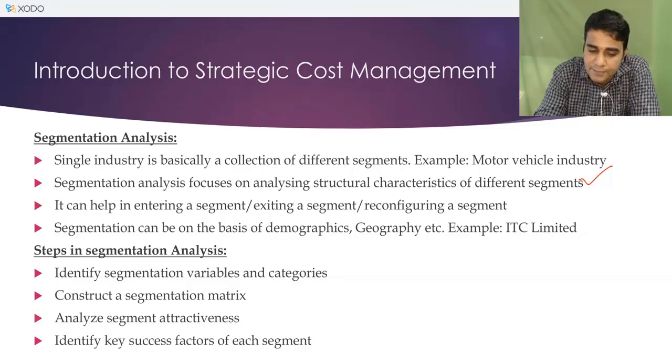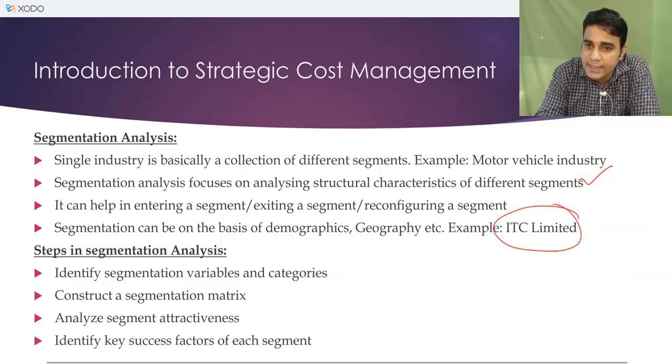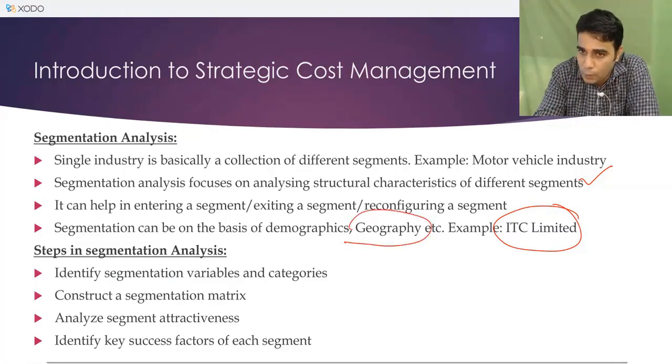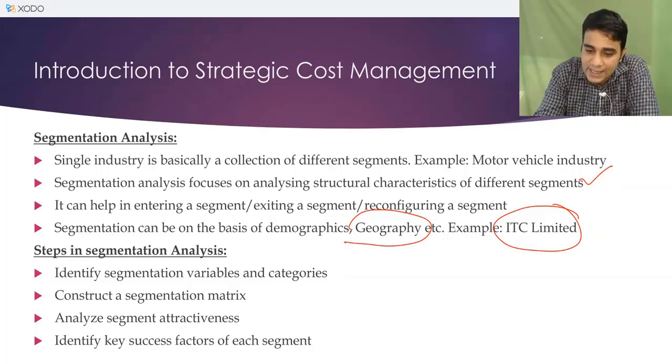One of the examples they have given is ITC Limited. ITC Limited can do their segmentation on the basis of geography: south, west, north, east, central. After the segmentation, they may say let's exit the east segment, or the north segment, or the south segment. They may decide to exit one of the segments, or enter a new segment on the basis of demographics, that is men versus women, or age group: less than 10 years, 10 to 20 years, 20 to 40 years, 40 to 60 years.